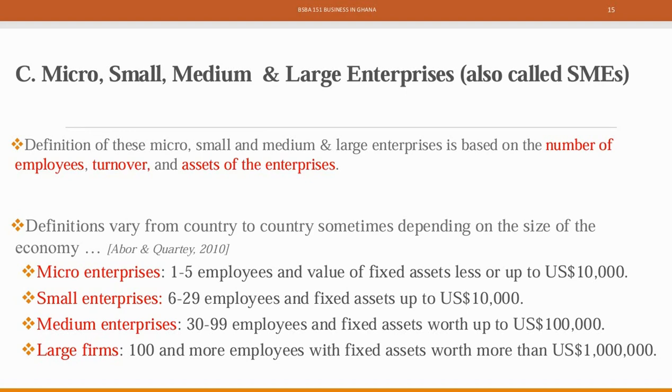Then their fixed assets or the capital. I hope you get that. So taking micro enterprises for an example, micro enterprises are businesses that have 1 to 5 employees and value of fixed assets less than or up to $10,000. I hope you get it.